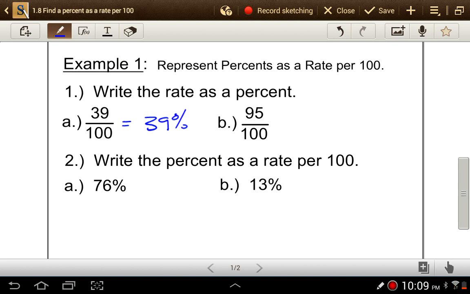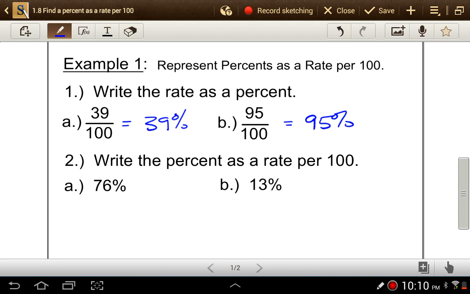So 39% is 39 out of 100. We're just trying to get you to relate what 39% represents as a ratio, which in turn is a fraction. If we have 95 to 100, that's a rate, that's going to be 95%. So again, relating that number to 100.